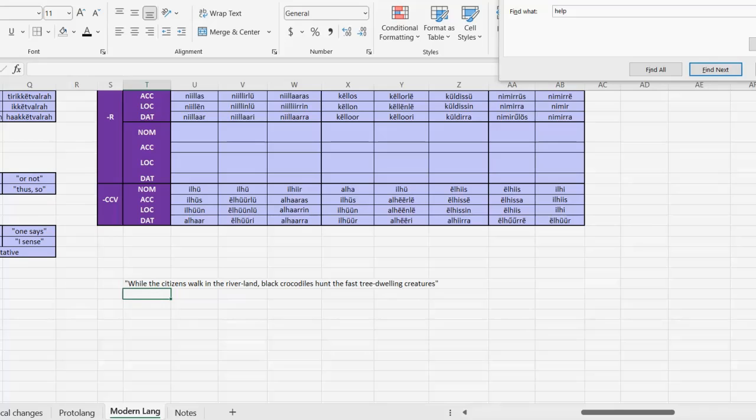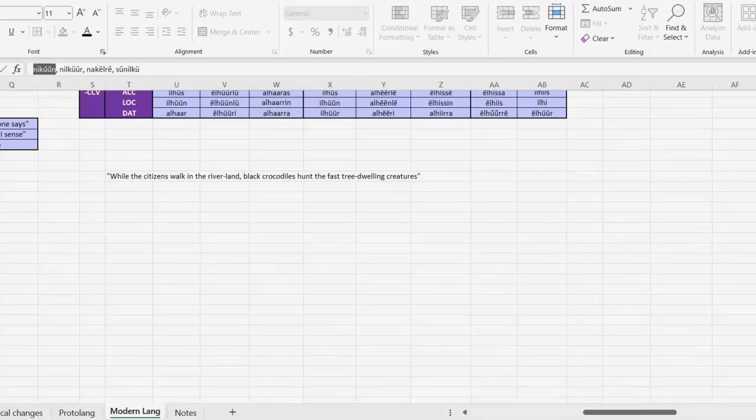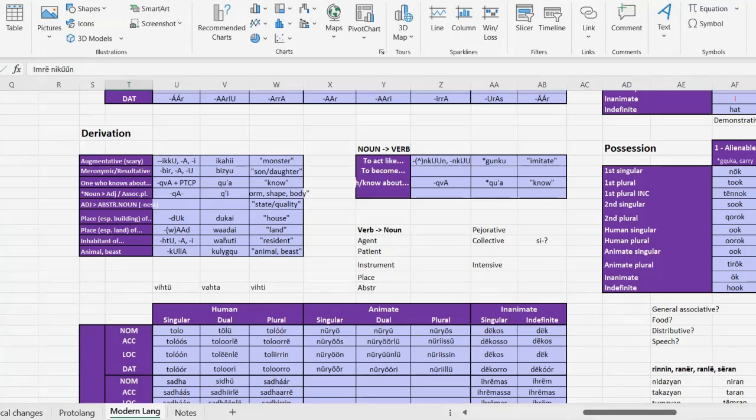Okay, so we've got two different clauses here. We'll do the first one first, because it's easier. The verb is walk, and since this is just a converb clause with no finite verb, all we need is the first principal part. So that's while walking. Citizens. Well, city is imre, and with this inhabitant-of suffix, I realised that I did not actually fully decline it, so we have not worked out what the plural is yet, but that's pretty straightforward.